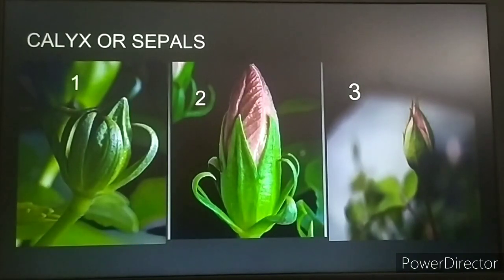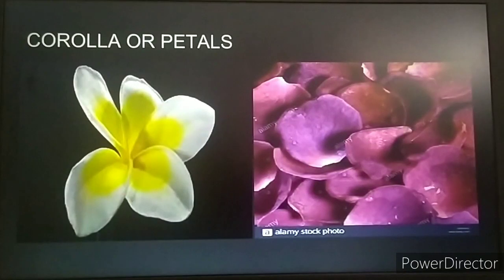Then the next whorl of the flower is corolla, or we also call it petals. It is the second whorl of the flower. And as you can see in this figure number 2, there are different segments of rose.